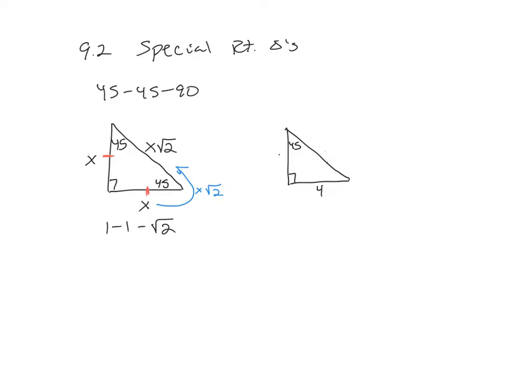Let's just do A and B. Very quickly, A equals 4, and B equals 4 square root of 2. Done. Okay, so it's just the B side, or the hypotenuse, whatever letter is there. It's just whatever that side is, square root of 2. Okay.